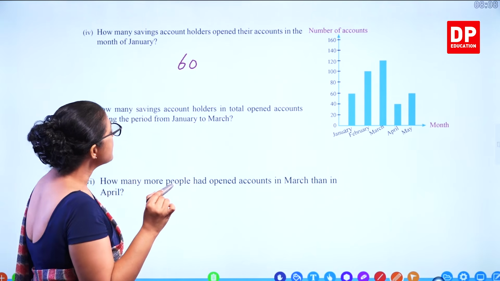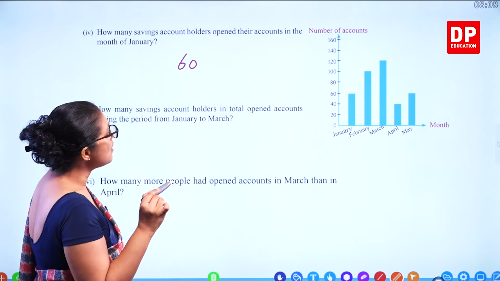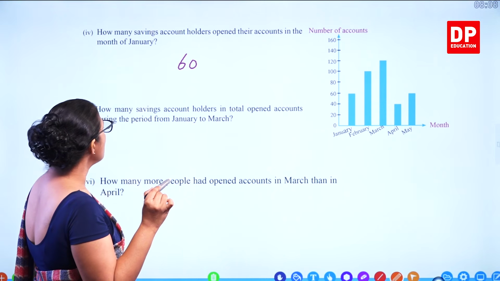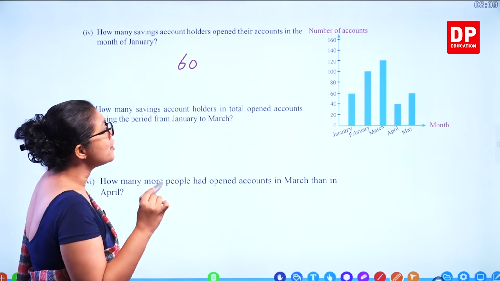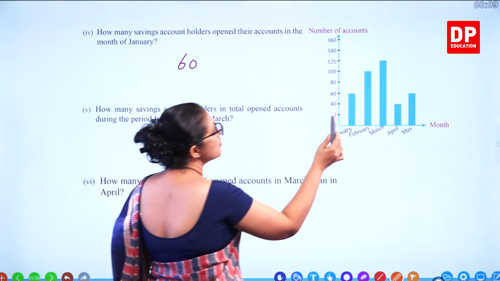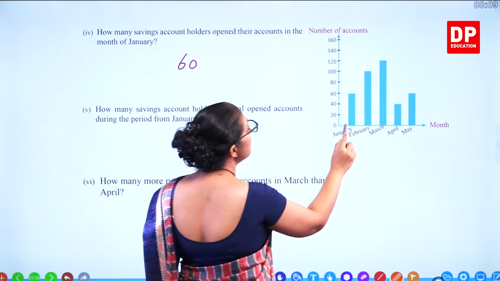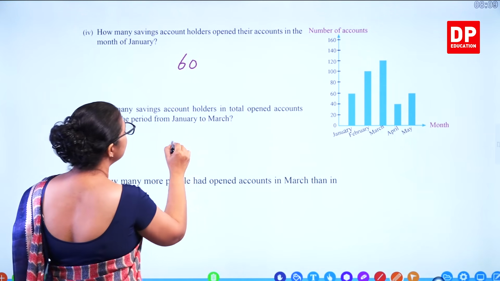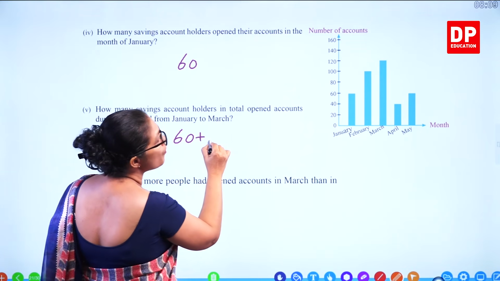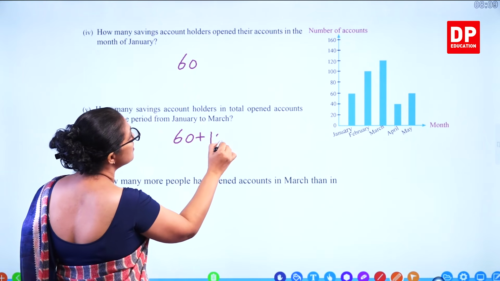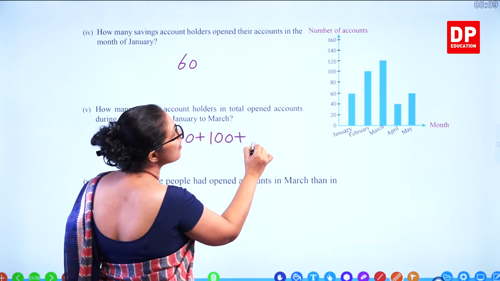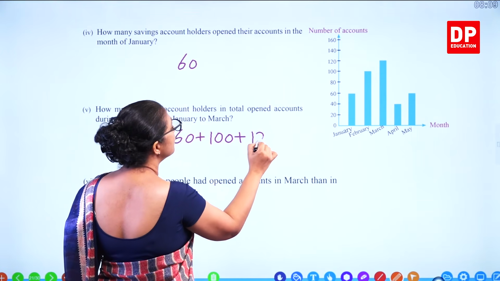How many savings account holders in total opened accounts during the period from January to March? So that means you have to add all three values. So here January 60, February 100 and March 120.